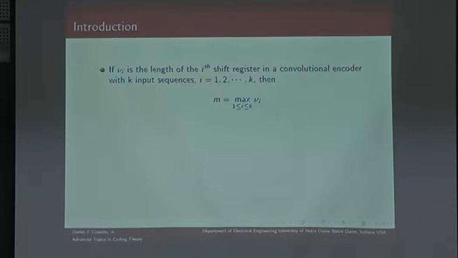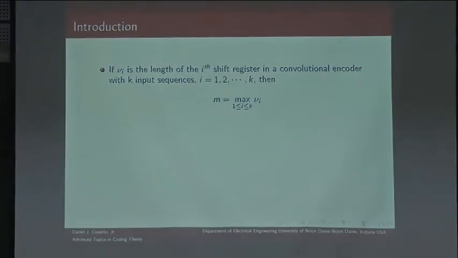So each of the input sequences in a convolutional encoder is assigned a separate shift register, at least in the standard way that encoders are realized. We'll talk more about that later. And each of these shift registers has a certain length, nu sub i. And the memory order of the encoder is the maximum value of nu sub i.